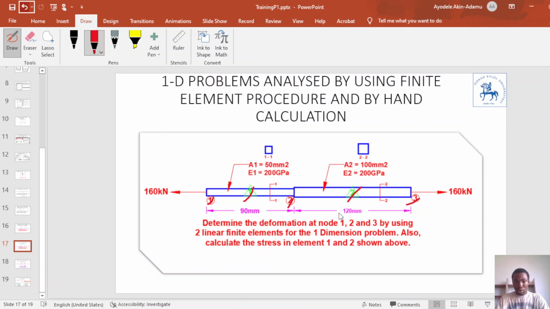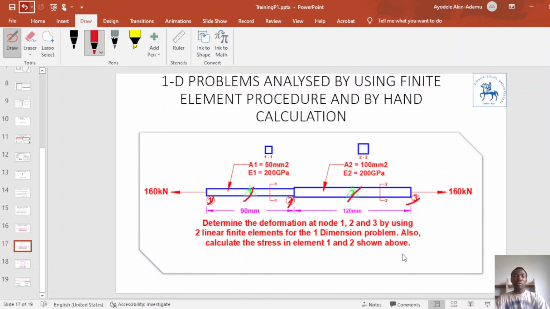But in this problem, using two finite elements is enough and very appropriate and actually gives accurate results. It actually gives the exact solution when compared to the hand calculation. But in many other finite element problems, you might need to use smaller finite elements to get more accurate results.